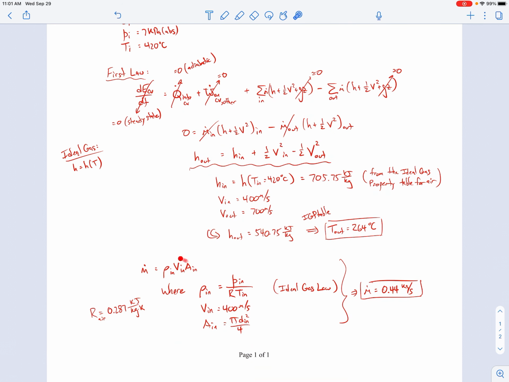To find the mass flow rate, it's just density times velocity times area. By the way, you could also write this as velocity times area over specific volume. That's another way to write that. So instead of finding density, you could find specific volume, and then calculate the area just from the diameter. All right, with that, we'll go ahead and end the example.